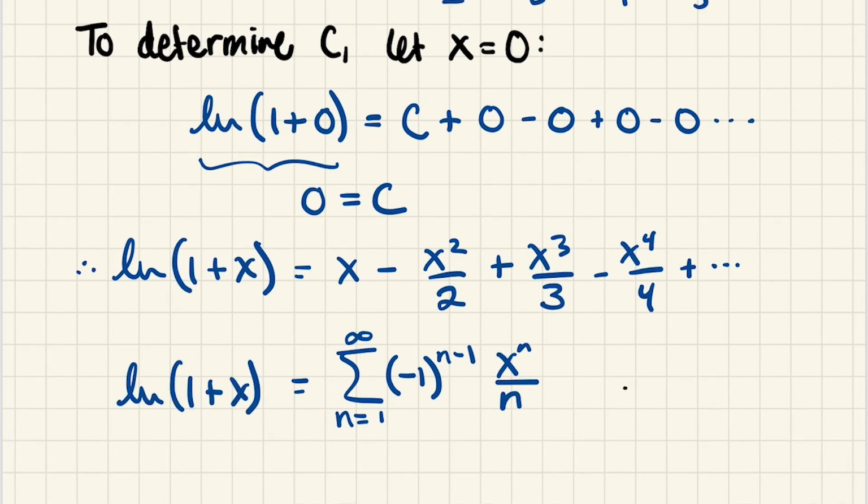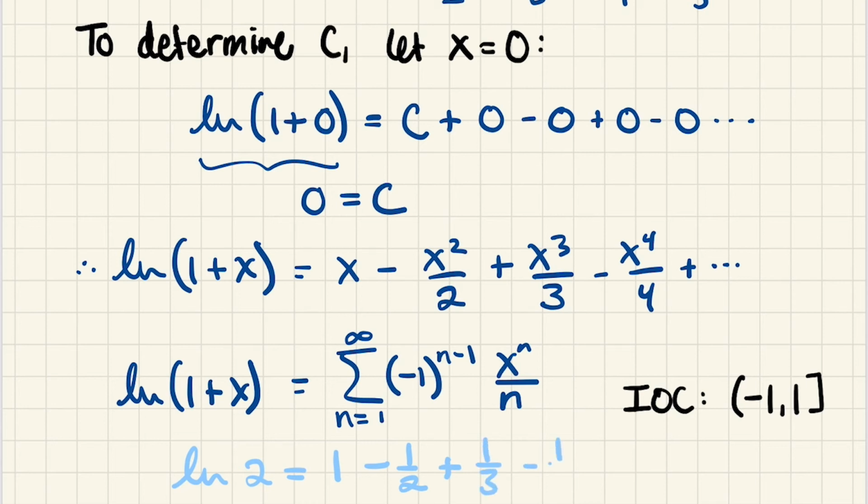We could determine the interval of convergence of this power series to be negative 1 to 1, including the 1. And in fact, by letting x equal 1, we get the very interesting result that ln of 2 is equal to 1 minus 1/2 plus 1/3 minus 1/4 plus 1/5 minus 1/6 plus etc. The alternating harmonic series adds up exactly to ln of 2.